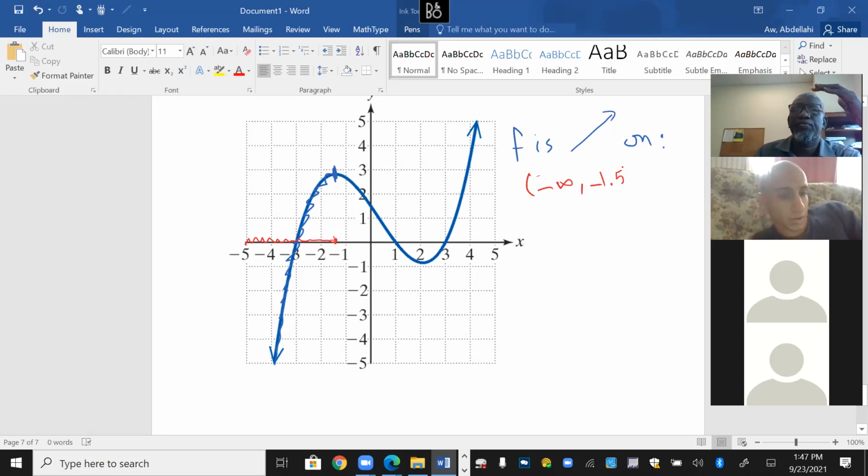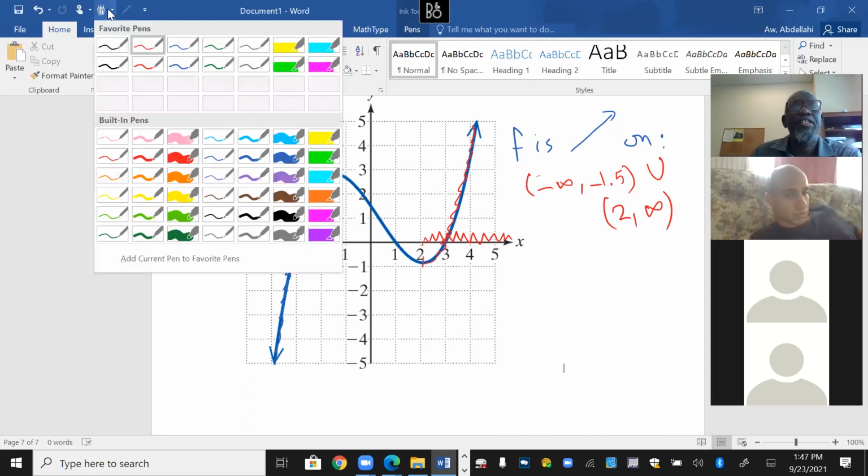I thought the down arrow meant it was decreasing. Yeah, so this part is increasing, and this part also is increasing, right? It's going to be what then? Let's just say 2, okay? 2 to what part? Union 2 comma infinity, right? That is the increasing part.